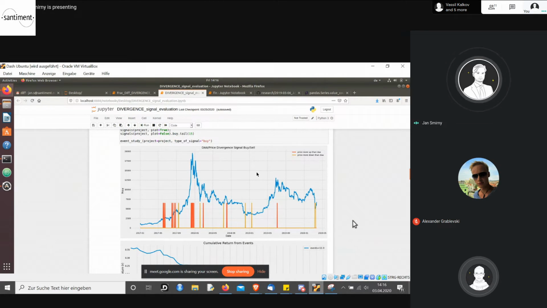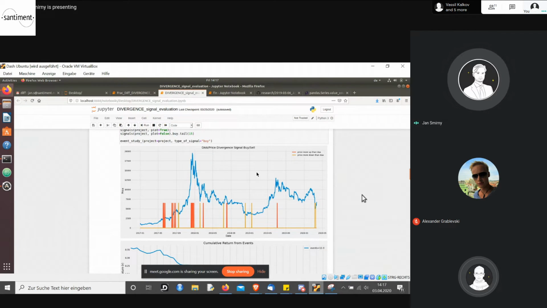The idea is basically you look at the price of, in this case, Bitcoin, and at the daily active addresses, and then you look for instances or situations where the price goes in the opposite direction, strongly in the opposite direction of daily active addresses. And we've seen that a lot of the time this is a good indicator for a trend reversal, and can even produce the buy and sell signals, basically.